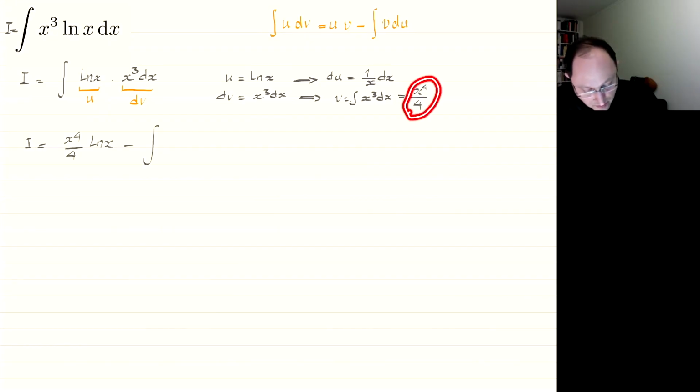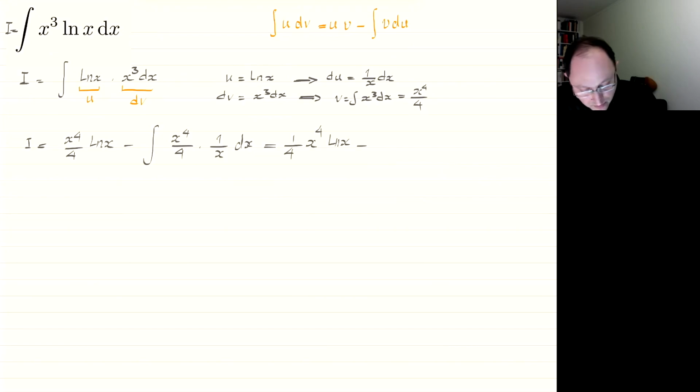This is v, this is du, so I multiply them. So v is x to the power of 4 over 4, multiplied by 1 over x dx. So I go forward a little bit. There is nothing much I can do about the first term. More or less I copy and paste it here.